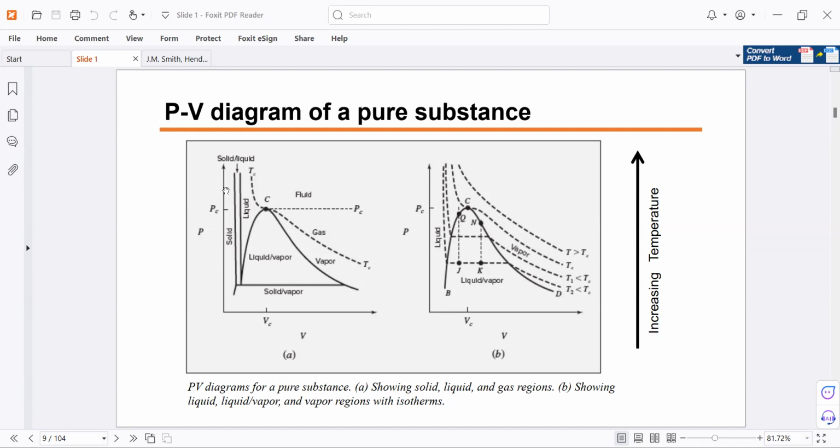The lines here represent the equilibrium between two phases, and the regions would represent the phases, except for the ones inside the curve, where we have an equilibrium between the liquid and vapor, and at the bottom of the screen, the equilibrium between the solid and the vapor.